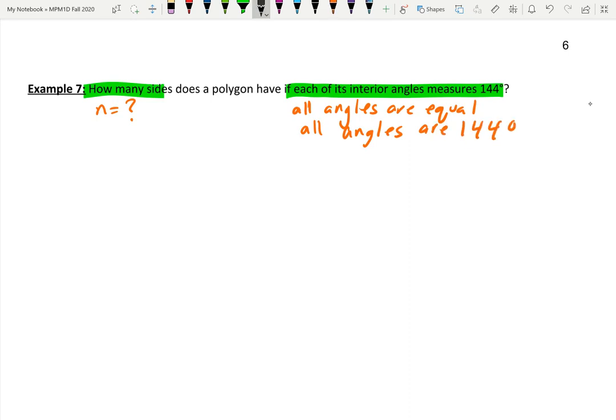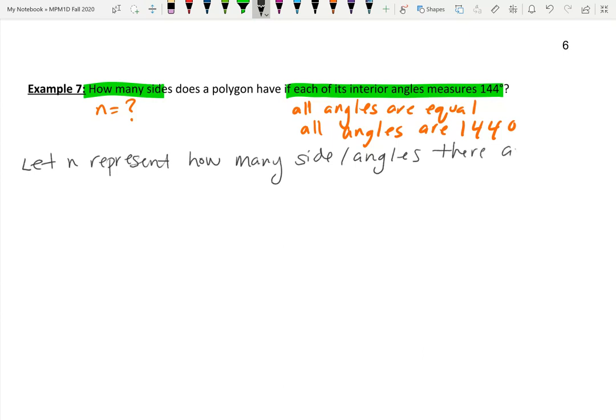Okay, so I'm going to let n represent how many sides and or angles there are. Okay, because the question asks for how many sides, but we're given angle information.